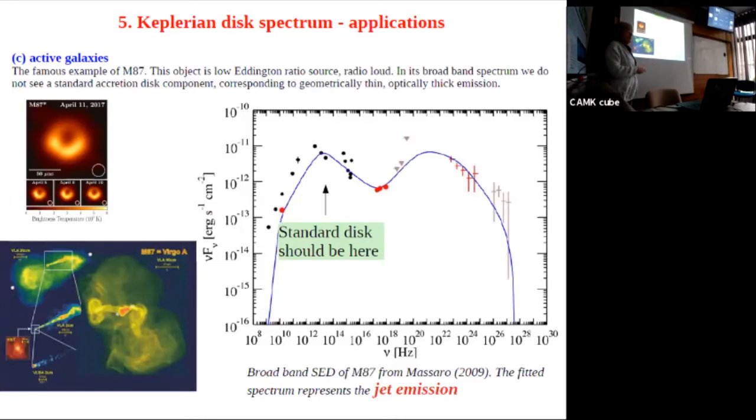Of course, M87. I didn't use Sagittarius A star, but it would be the same story. For a classical accretion disk, this is a catastrophe. So this is the broadband spectrum of M87. You see two bumps, but this is jet emission.